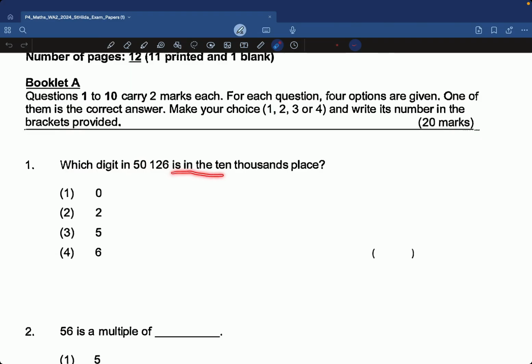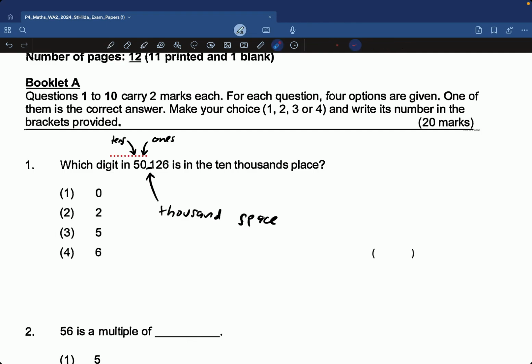50,126 is in the 10,000 place? So when we see the word thousands, usually what we are referring to is this thousand space over here. So this is what we call the thousand space. Then after that, normally you just put here your ones and your tens place, right?